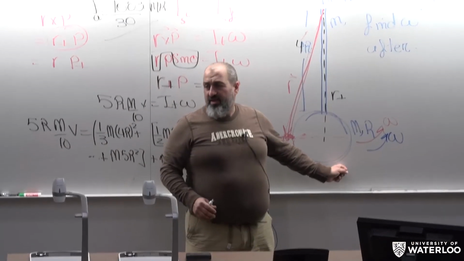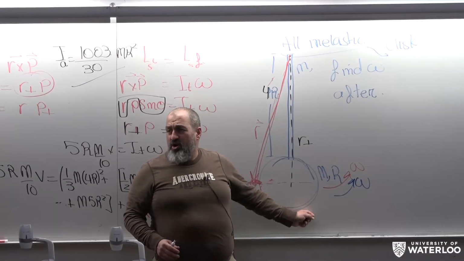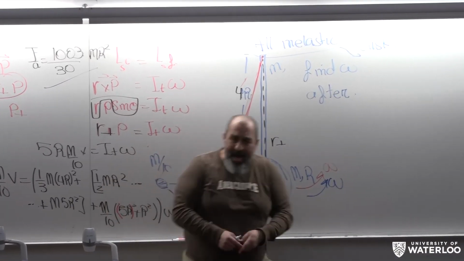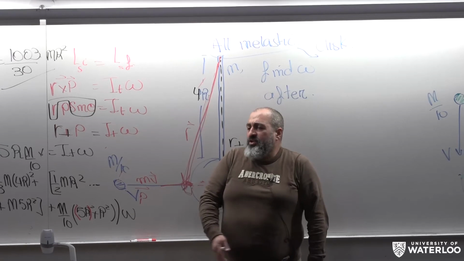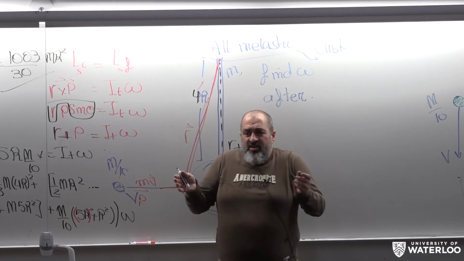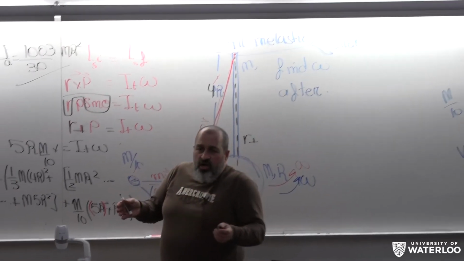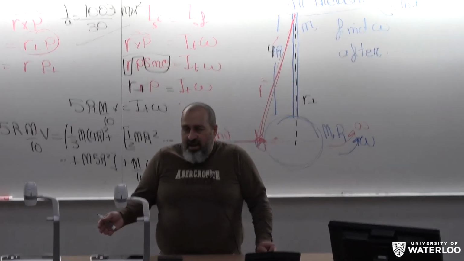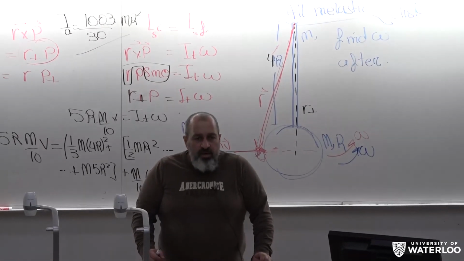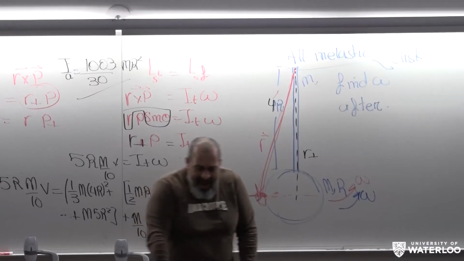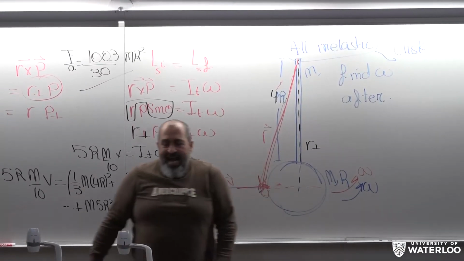After this, if you wanted to calculate how much this swings by, you have to use, okay, so during the collision, we don't conserve mechanical energy. Why? Because it's inelastic. We conserve mechanical energy after the collision. During the collision, it's only angular momentum.